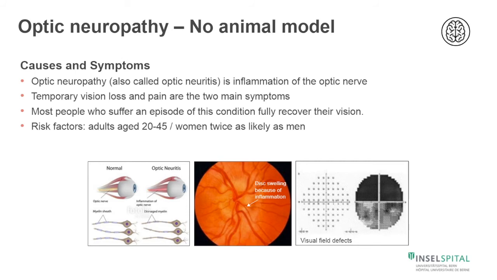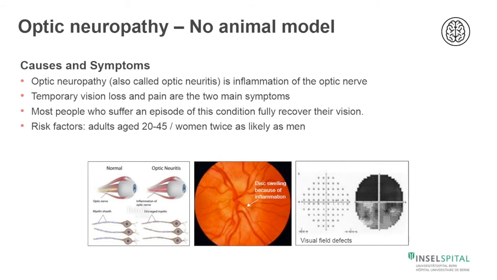Optic neuropathy is also called optic neuritis, and it is characterized by inflammation of the optic nerve. As you can see in the bottom images to the left, you see a schemata of an inflamed optic nerve. In the center, you see the disc swelling in the area of the optic nerve head, which gives you also a hint of optic nerve inflammation.